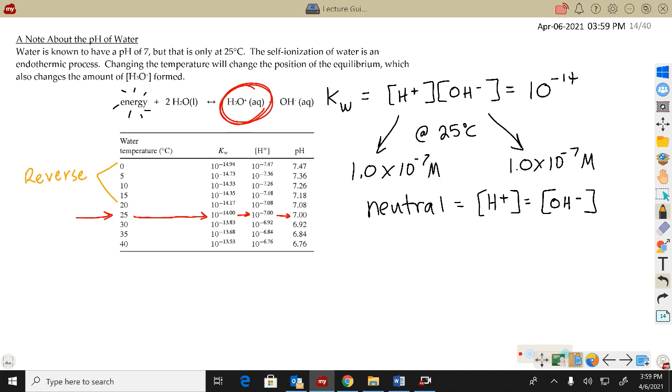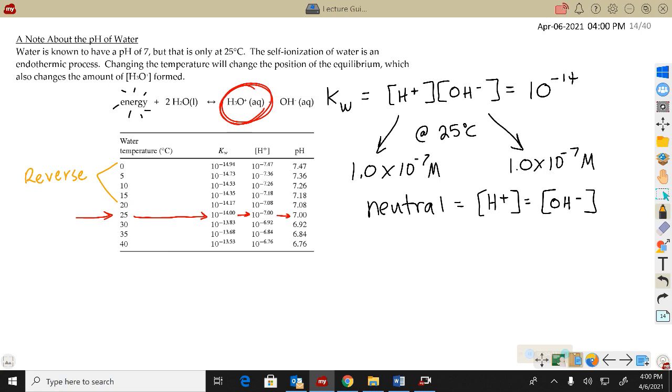When I shift this thing in reverse to replace the energy, I'm shifting away from hydrogen or hydronium. So the hydrogen concentration goes down, and pH is always the opposite log of the hydrogen concentration.